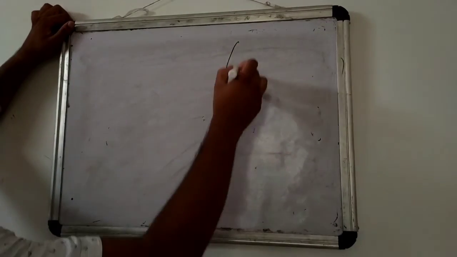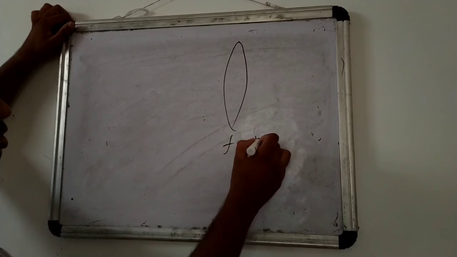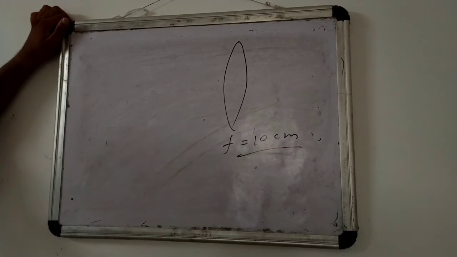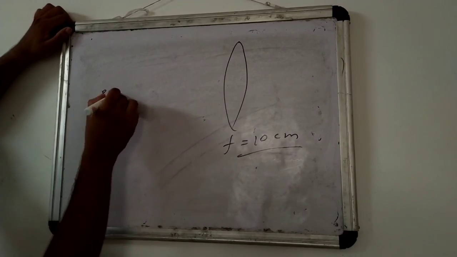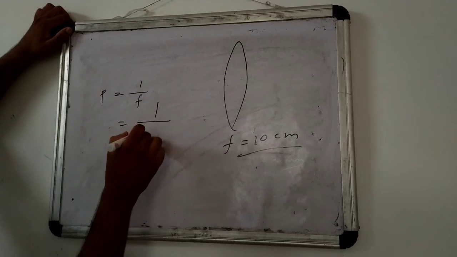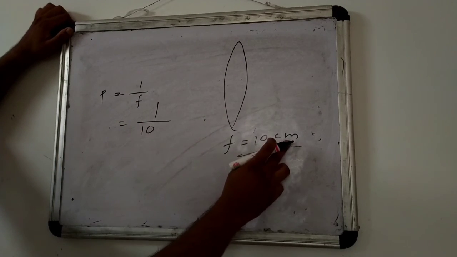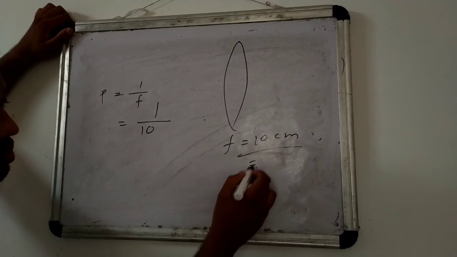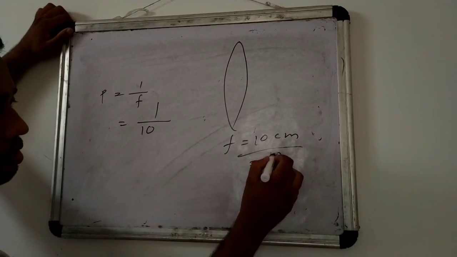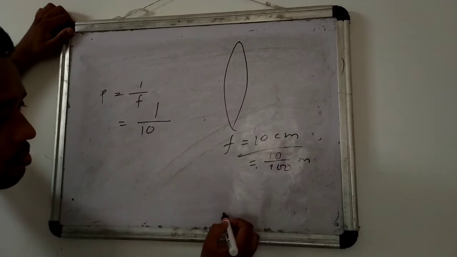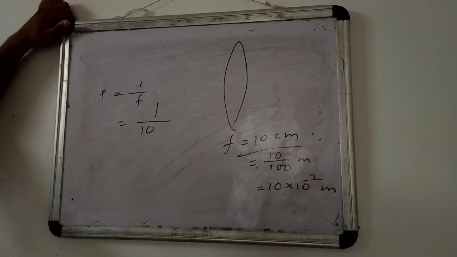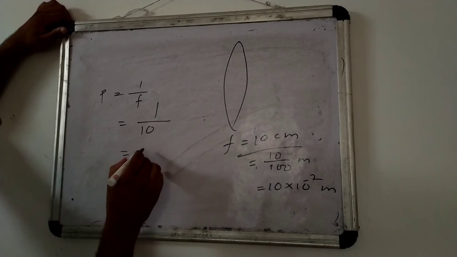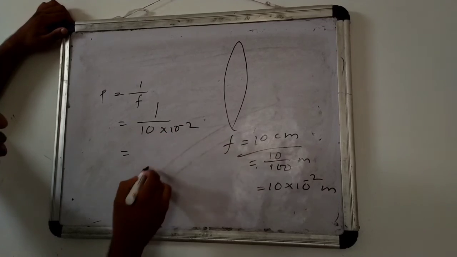So let's take an example. Suppose this is a lens which has a focal length of 10 centimeter. Then what will be the power of this lens? P is equal to 1 by F. So 1 by 10 centimeter; we have to convert it into meter. That means 10 divided by 100 meter, that means 10 into 10 to the power minus 2 meter. So it is 1 by 10 into 10 to the power minus 2.